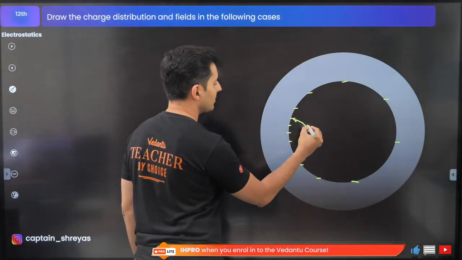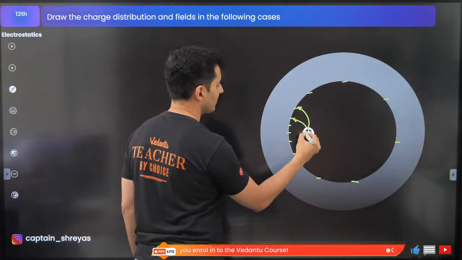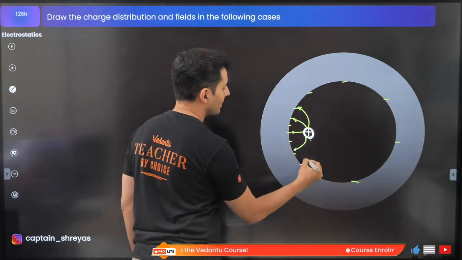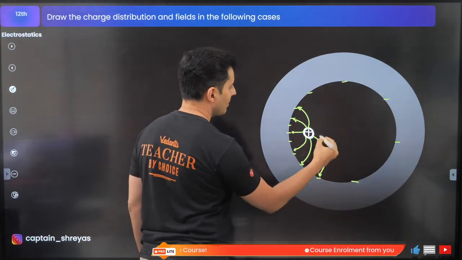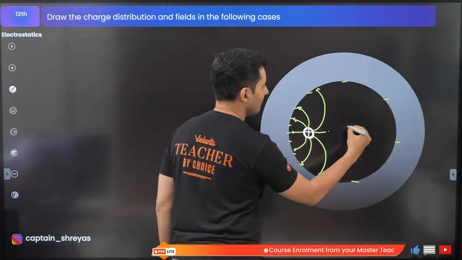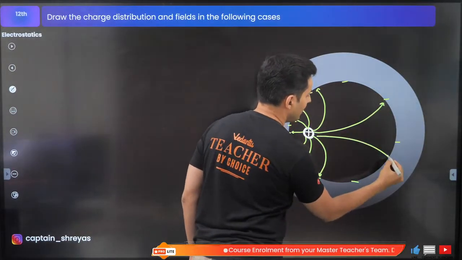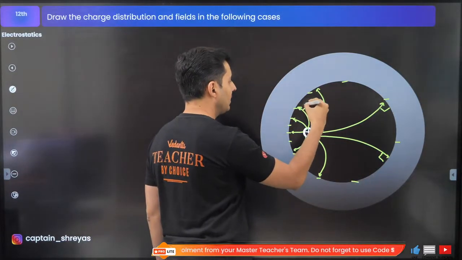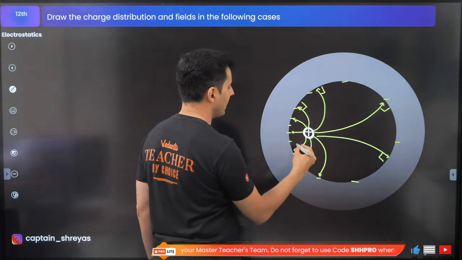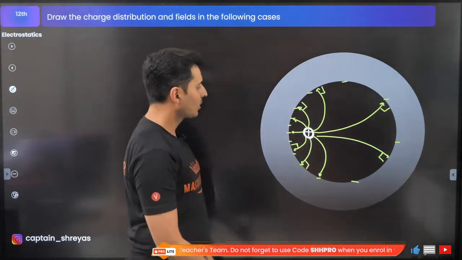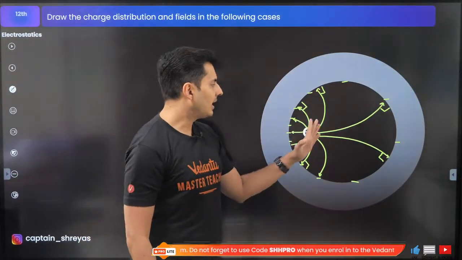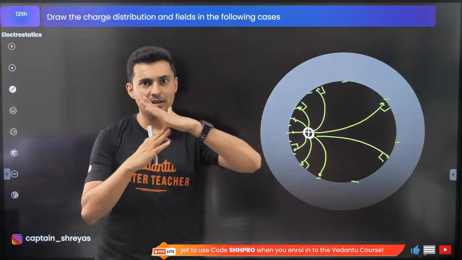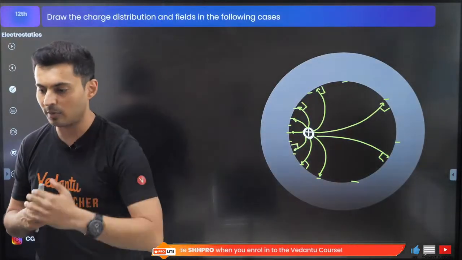They will go like this, probably. These will be the field lines at every point. There will be very few field lines on this side, but wherever they go, they will always be perpendicular. They are bent because they have to be perpendicular at every point. Keep this in mind. That is why the field lines are bent, and they will always intersect the conducting surface perpendicularly. That's the standard property.